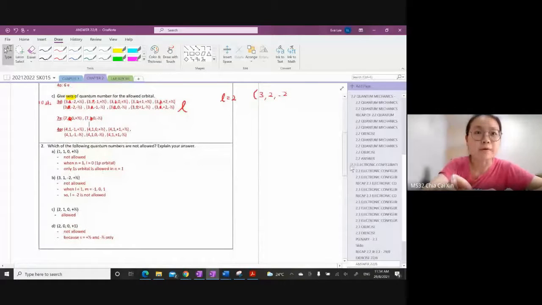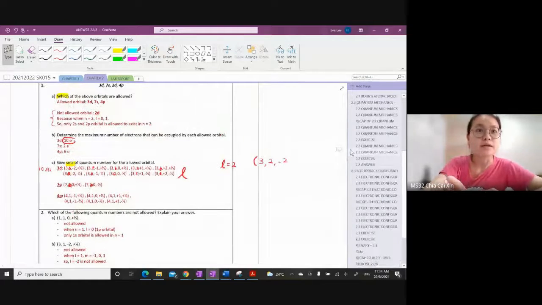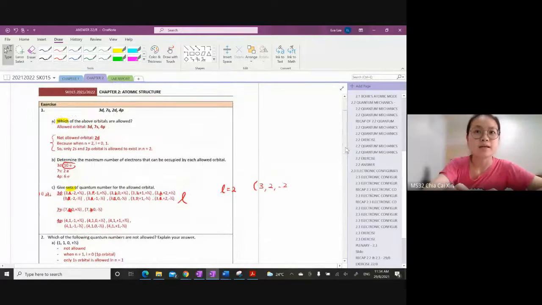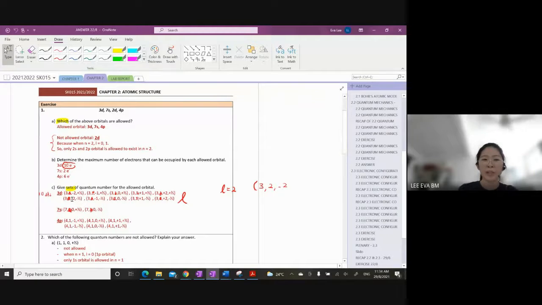Madam, I have some questions about the number 1b. I'm still confused about the orbitals and each orbital. Is the maximum number for each orbital 2? Yes, an orbital is 2, but if let's say they ask for the 3D, right?